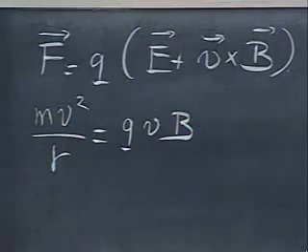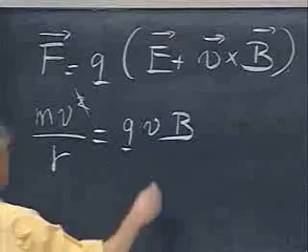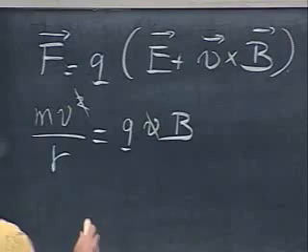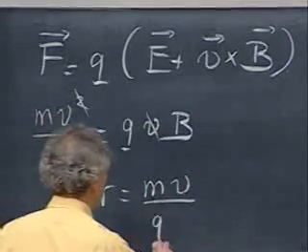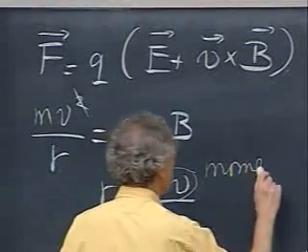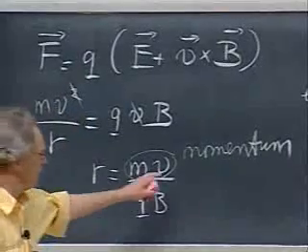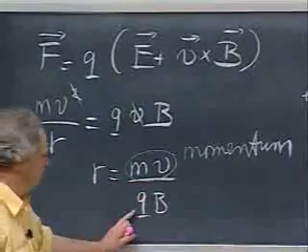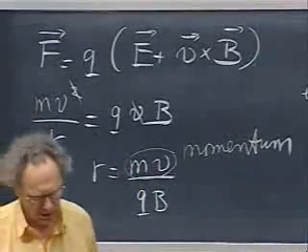This is the magnitude of the force. We already know the direction. And so one v goes, and I get that the radius of that circle is mv divided by qB. This being the momentum of the electron. So v is the velocity of the electron, speed, q is the charge, B is the magnetic field, m is the mass of the electron.